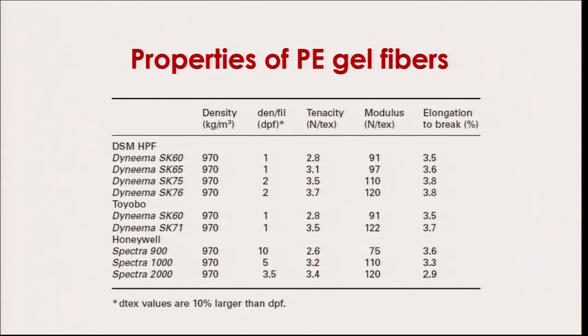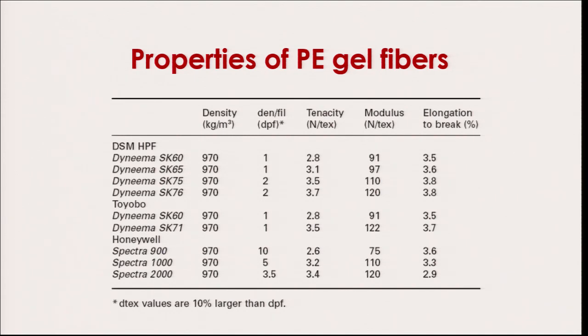This table gives you the density, tenacity, modulus and elongation at break of different grades of commercial fibers produced by these companies. If you look at it, the density is less than 1, that means it floats on water.